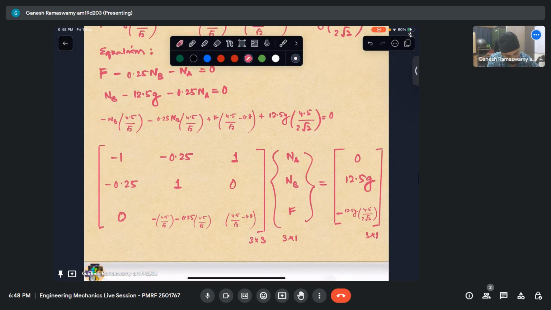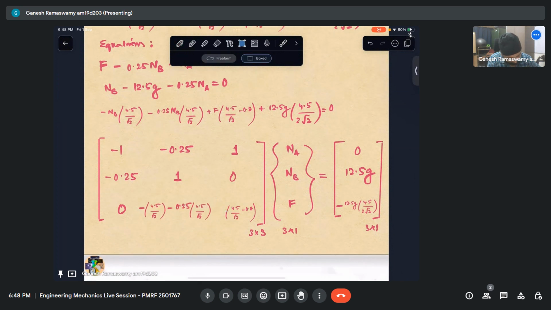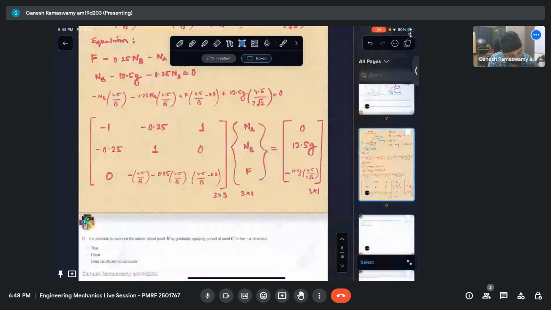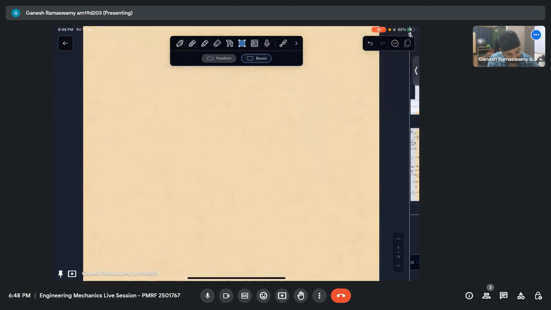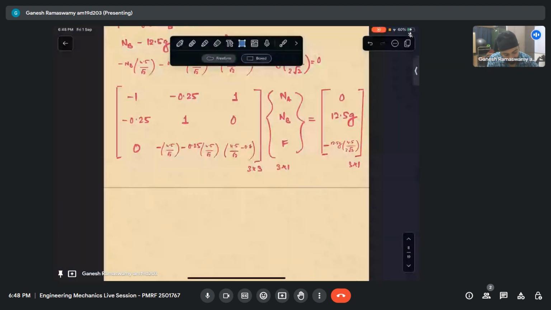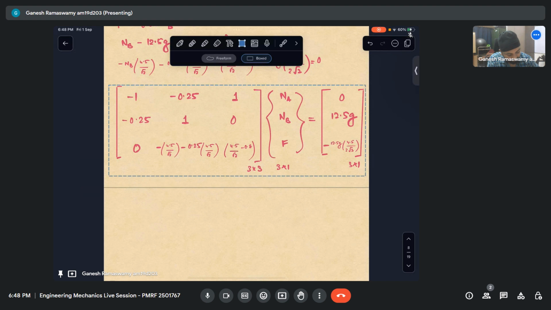So this is my coefficient matrix, and the known vector.